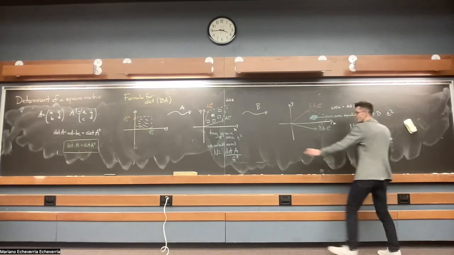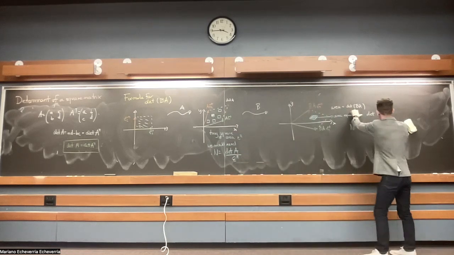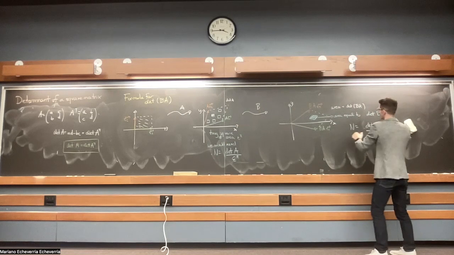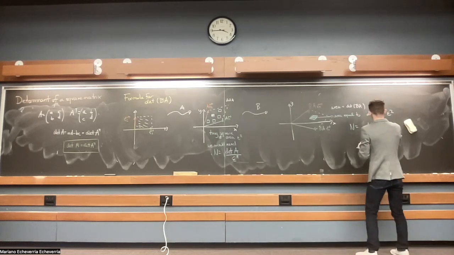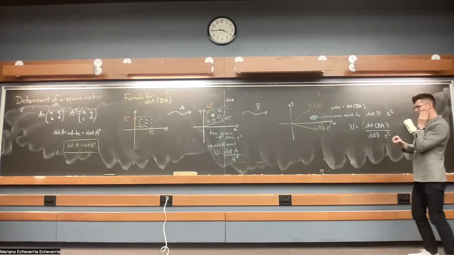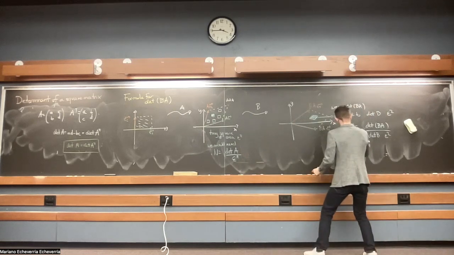The area of the new parallelogram, which was BA, divided by the area of our squares or parallelograms, would be determinant of B times epsilon squared. But what is n? n is determinant of A over epsilon squared, right?